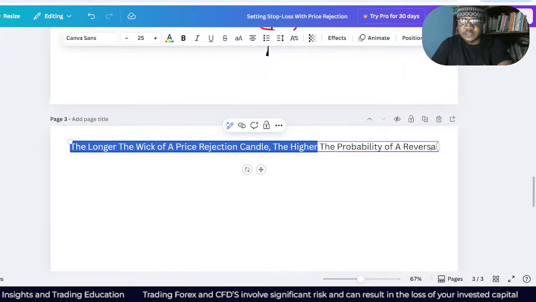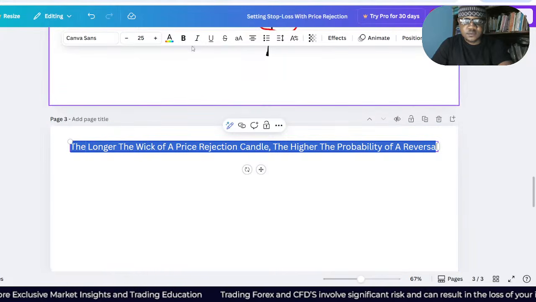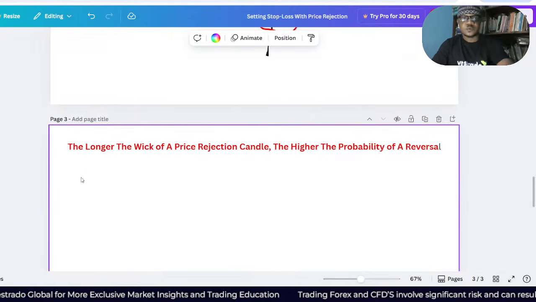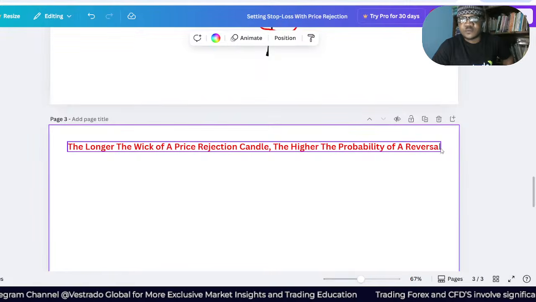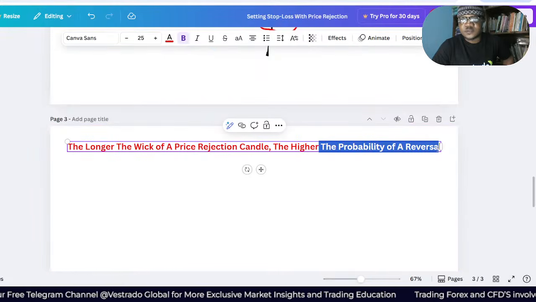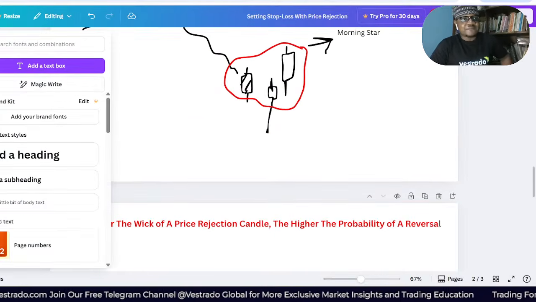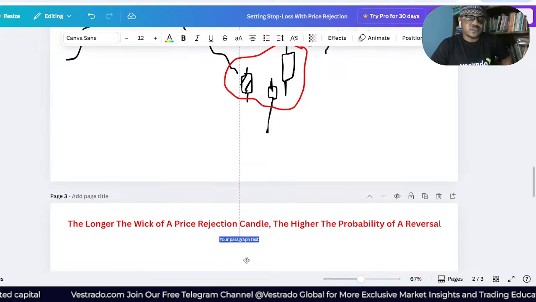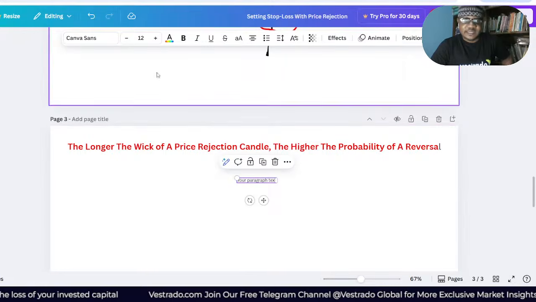I'm going to embolden that because it's quite important, yeah? Put that in red for you. The longer the wick of a price rejection candle, the higher the probability of a reversal. Ladies and gentlemen, now there's another feature about price rejection that many traders, including veteran traders, forget.